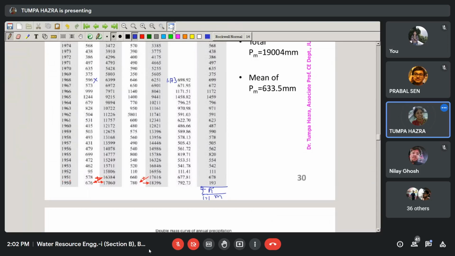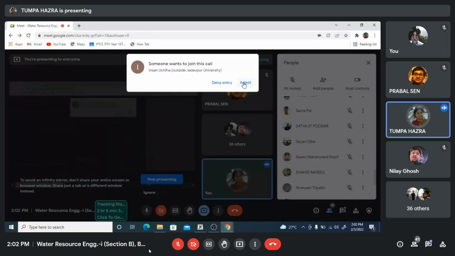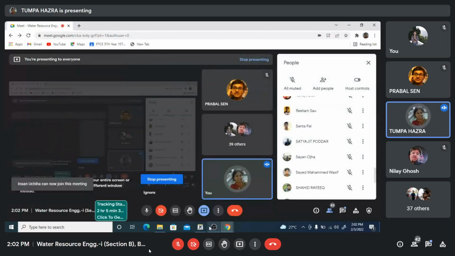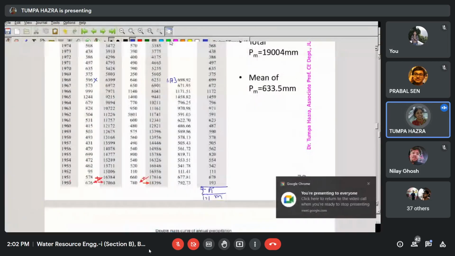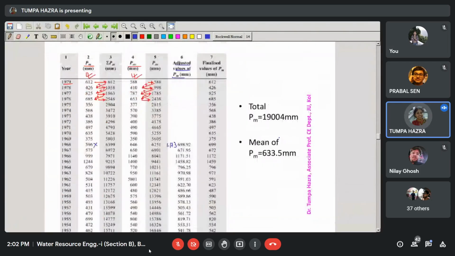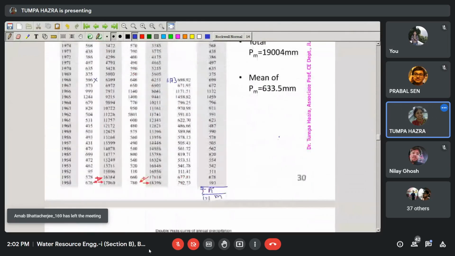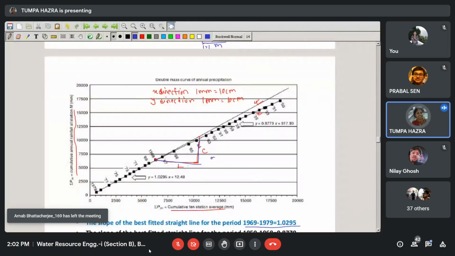Okay. So in this way, by double mass curve, we will basically first check the consistency of the data, and if we find that all the lines are not in the same straight line, there is some change in the slope, then we will tell that the data is inconsistent.